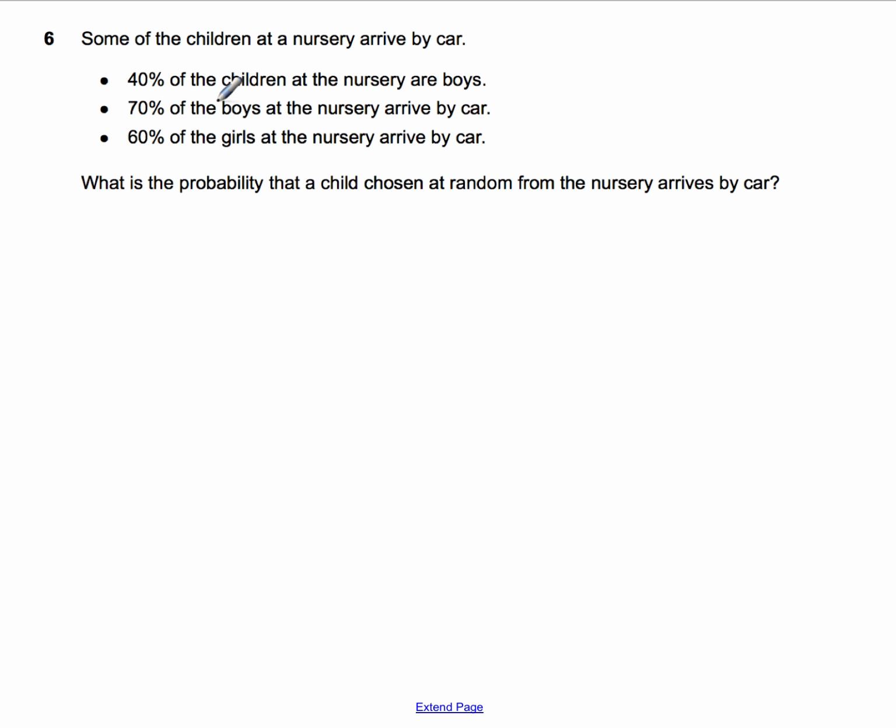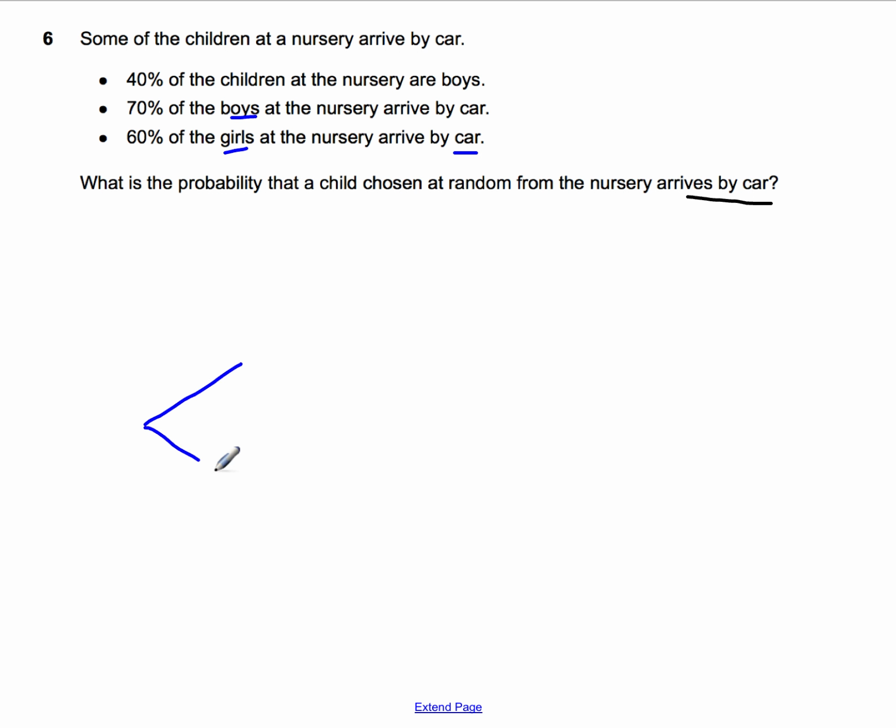Okay, the next bit is a probability question. So just have a read of this. Okay, it says, what is the probability that a child chosen at random arrives by car? So let's take a look. Okay, so I've got arriving by car, and I've got boys and girls. So I'm going to set up my tree diagram.